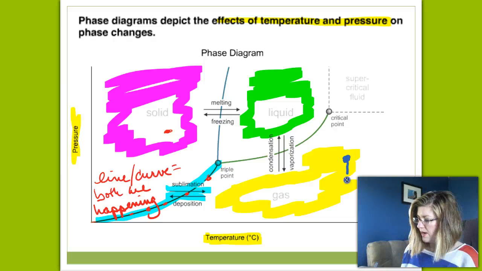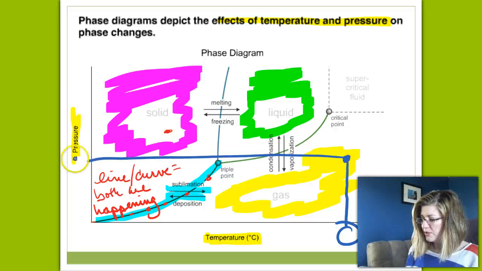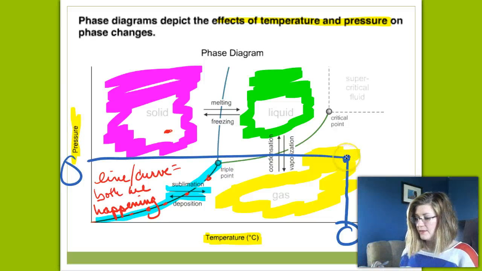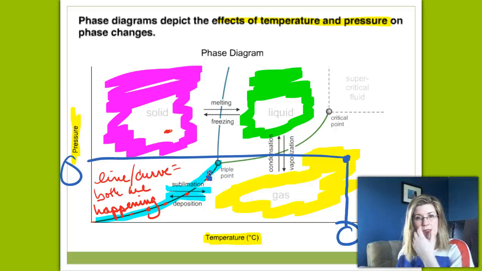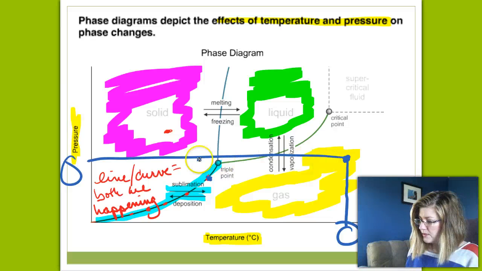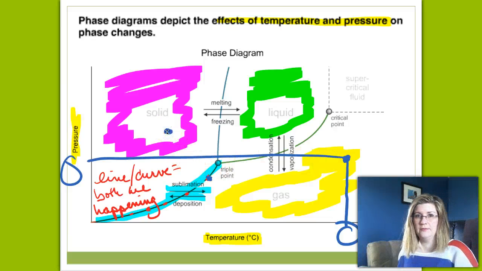Well, we would drop down to temperature and read the temperature in degrees C, and we would take our line over and read the pressure in probably atms or kilopascals, and at that temperature and pressure, our substance is a gas. Now, if it lies on, as I was saying, the sublimation deposition line, it's part gas, part solid. But once it crosses over into the solid area, it is now solid.